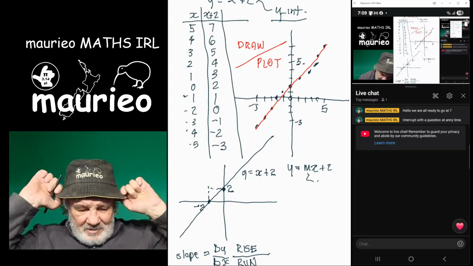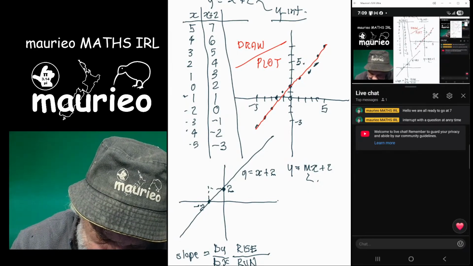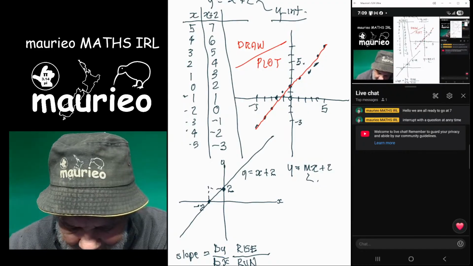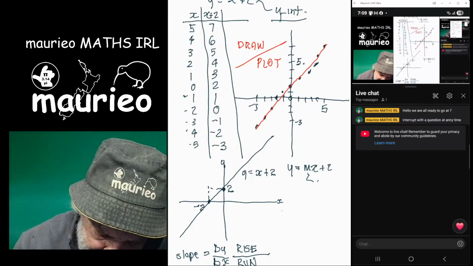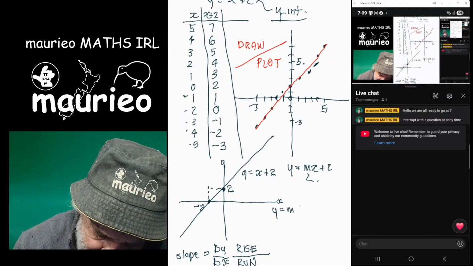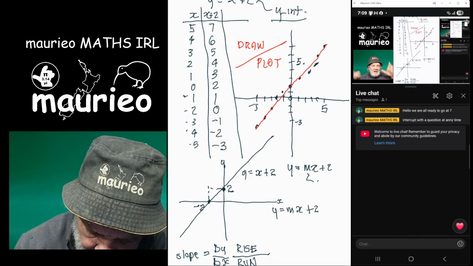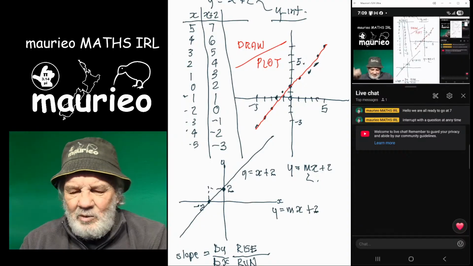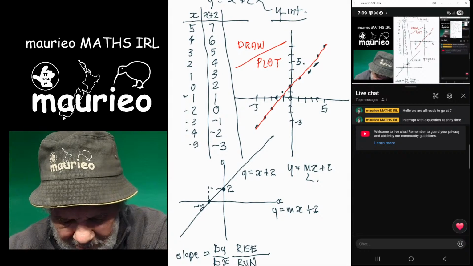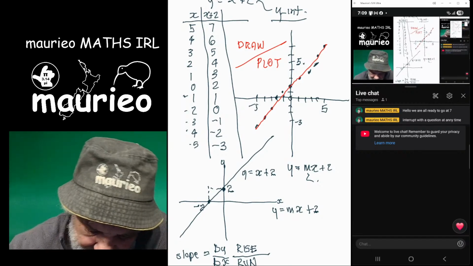Now, there are other things that we can see. This here is the x-axis, and this is the y-axis. Now, if we look at y equals mx plus 2, let's say we have a line that has no slope, 0 slope, which is possible.